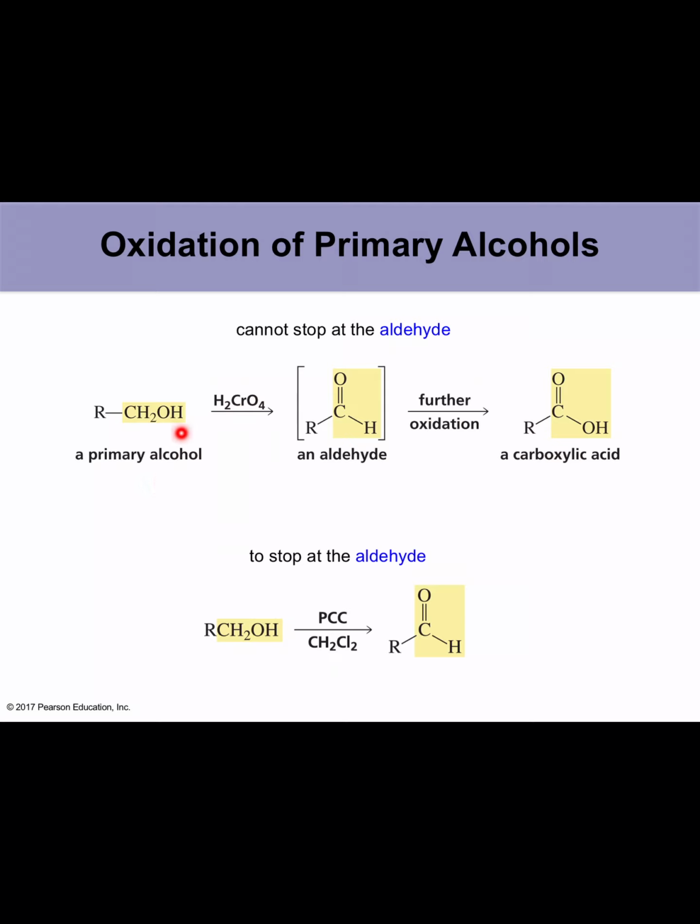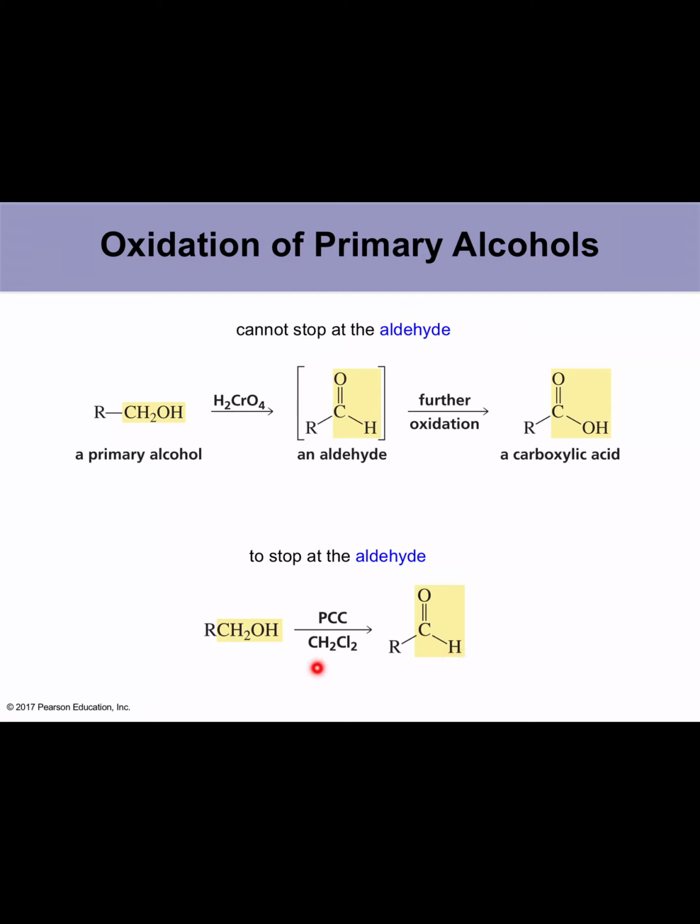If you do an oxidation on primary alcohols with chromic acid, what's going to happen? It is first going to form an aldehyde, and then it would be further oxidized to form a carboxylic acid. And if you want to stop at the aldehyde, you have to use this reagent, PCC, pyridinium chlorochromate, in the presence of dichloromethane.